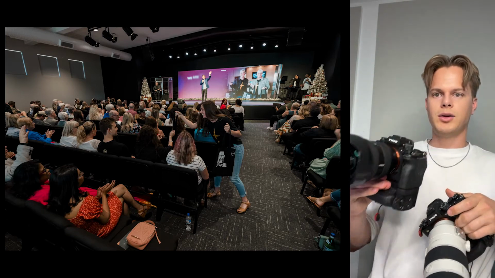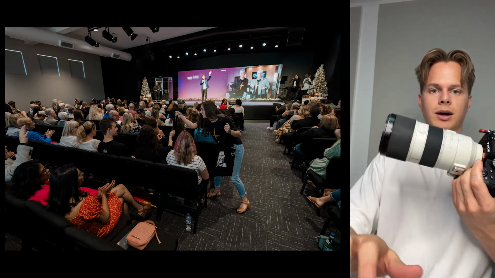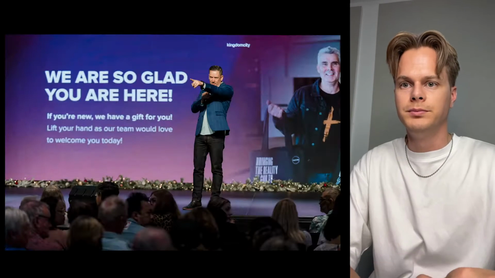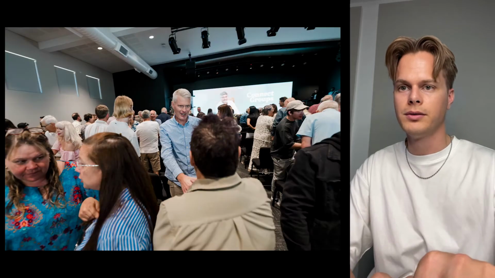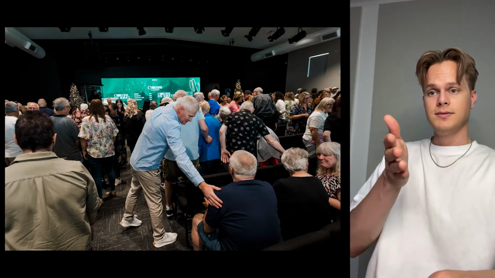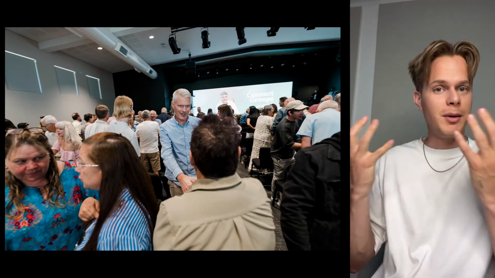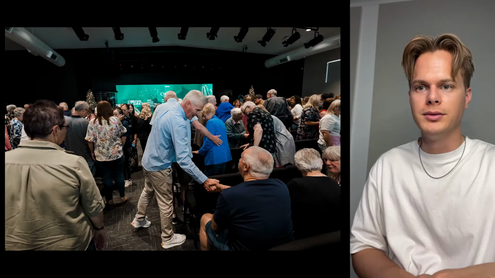You get that wide angle shot of someone handing out the bag, but then also get the close-up shot of the pastor there. You can be 2 photographers at once, in 2 places at once. And then these photos of pastor welcoming people, done in a way that opens up the conversation rather than just showing the back of someone's head.